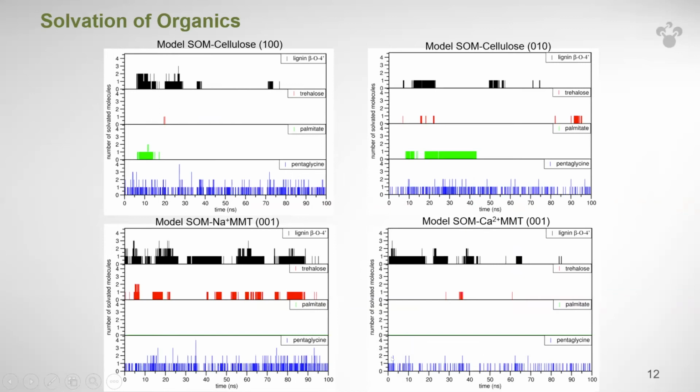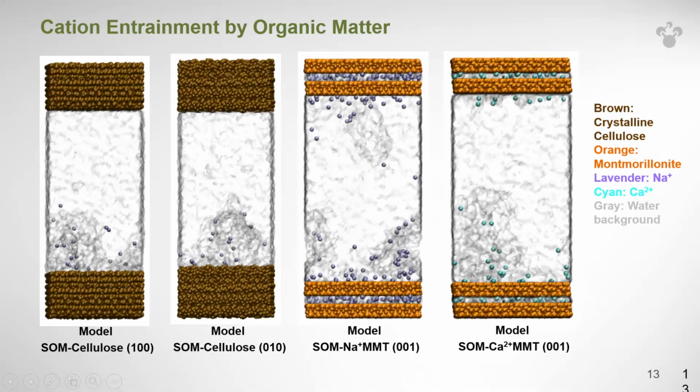And if you compare that with the calcium montmorillonite, you see that the peptide still solvates quite readily, but it's less so with the calcium montmorillonite compared with the sodium montmorillonite. And we believe that is the calcium bridging that is occurring in that system.